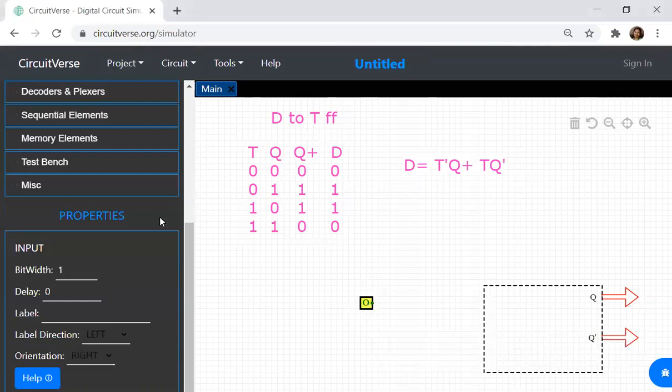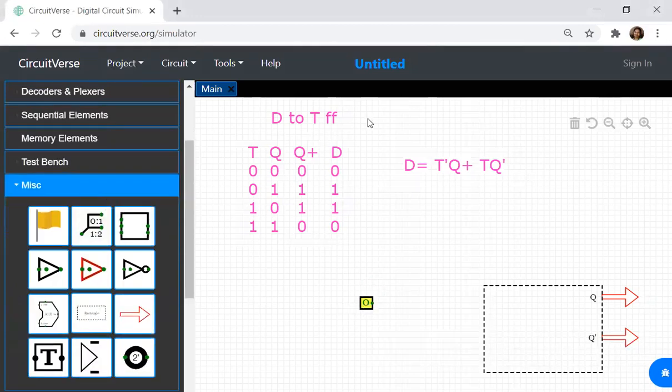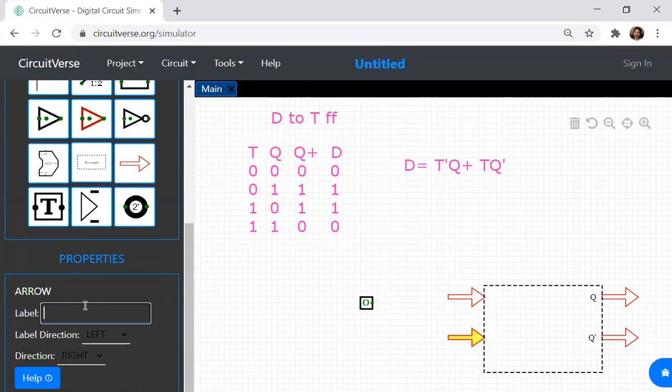Now I have to write the conversion. What flip-flop do I already have? I already have a D flip-flop. So this is a D flip-flop which currently I have over here, with input clock and D. Now I am converting it into a T flip-flop.